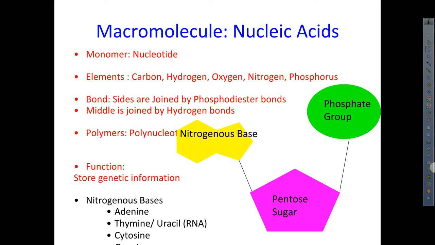And so the polymers can be either DNA or RNA. And that should say polynucleotide. And in our bodies, this stores our genetic information. And so the nitrogen bases, we have adenine, thymine, cytosine, and I believe guanine is cut off on your screen at the bottom.